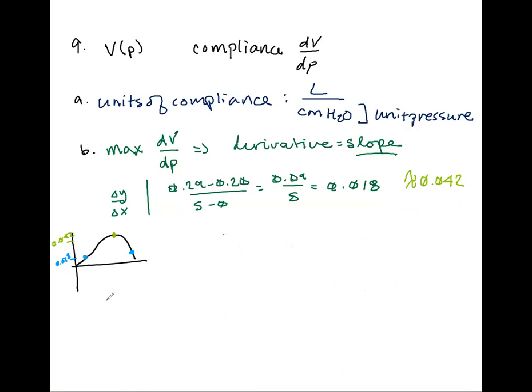And we can talk about problem C, which is: explain why the compliance gets small when the lung is nearly full. So it's asking us very specifically about why this curve comes down.